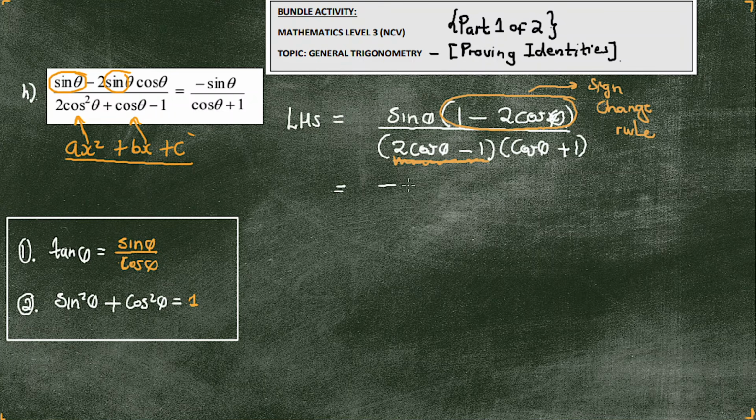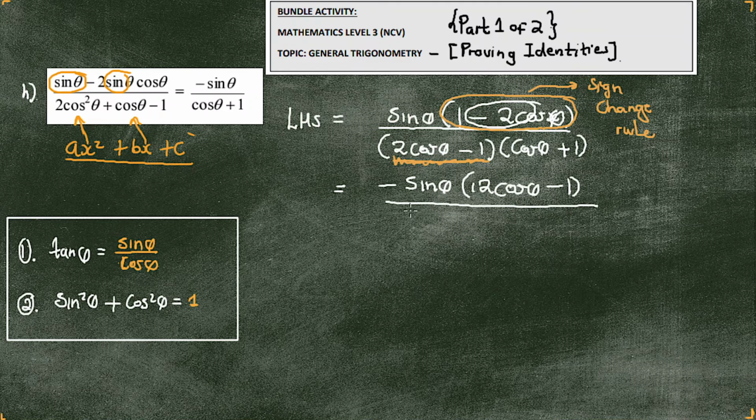So minus out, I'm now left with a sine theta, open bracket, 2 cos theta minus 1. The sign change rule changes the sign for this term into a positive, and it changes the sign of this one into a negative.